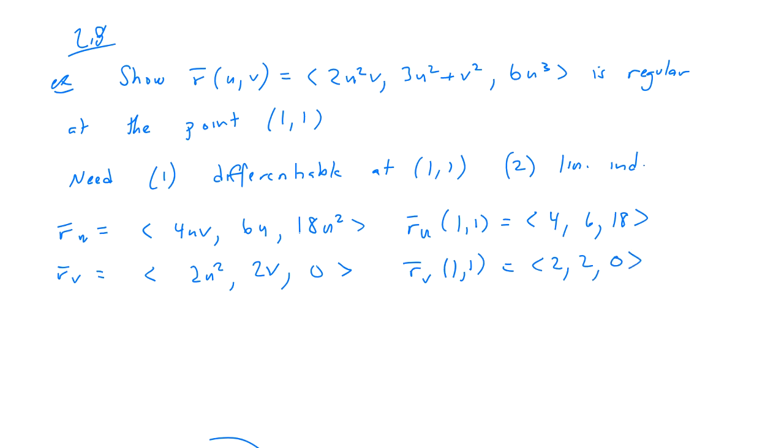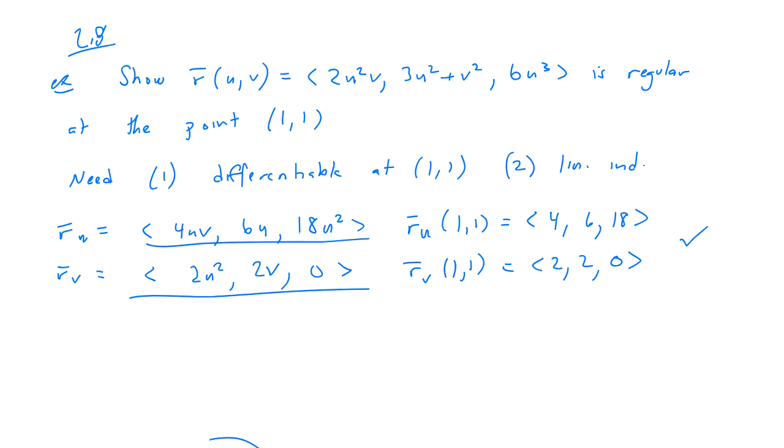Derivative with respect to v. Pretty obviously, looking at these two partial derivatives, is there any place where those aren't defined? No, those are pretty basic functions. As usual, the places you have to worry about are that you can't divide by 0, you can't take the square root of a negative number, you can't take the natural log of a negative number. None of that comes up here, so in terms of the derivatives, this part is fine.